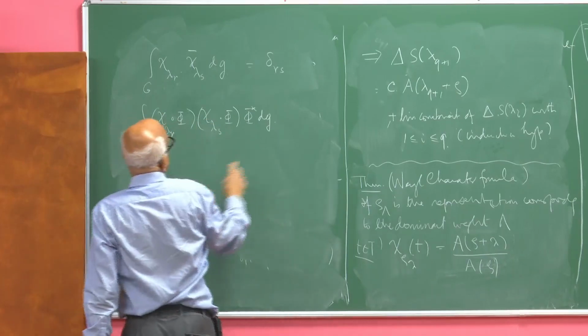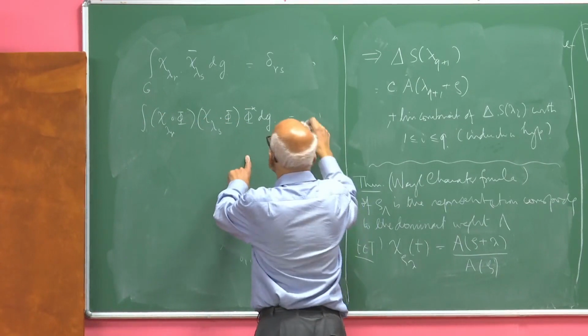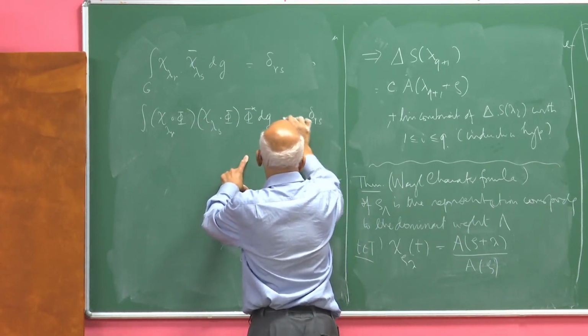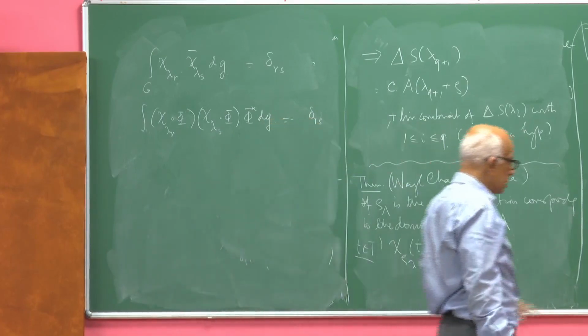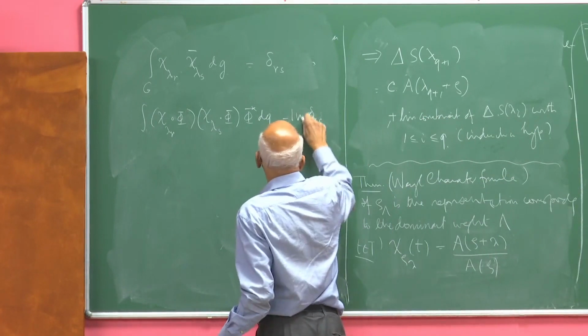The integral of this equals delta rs times mod W.